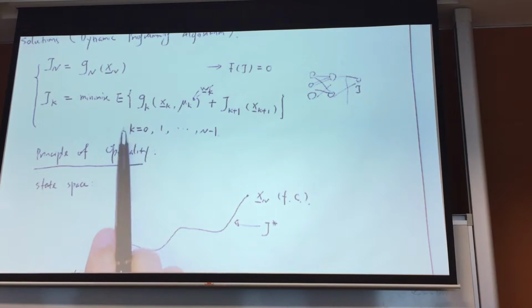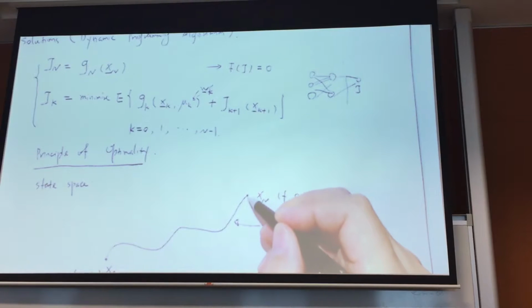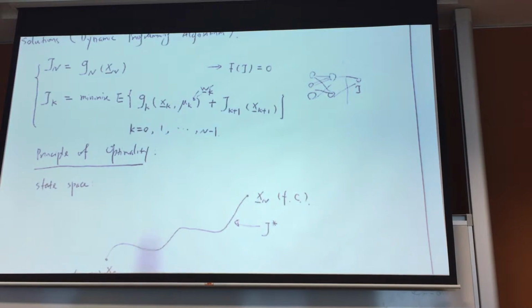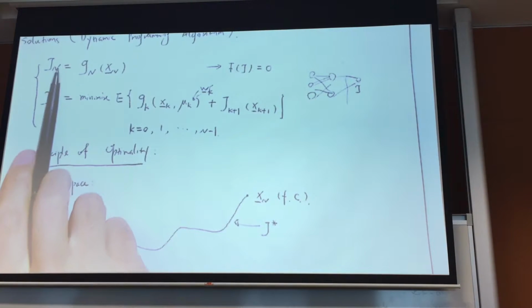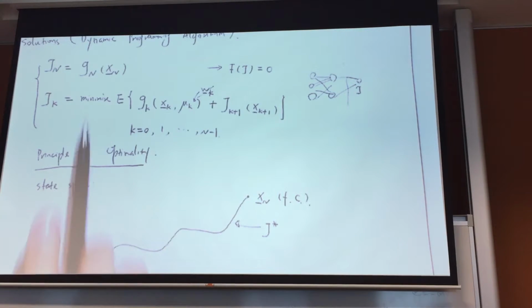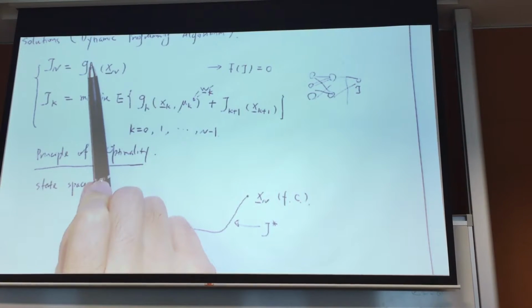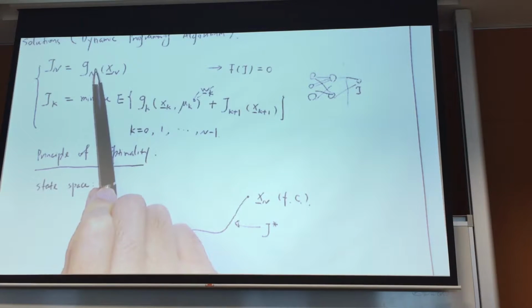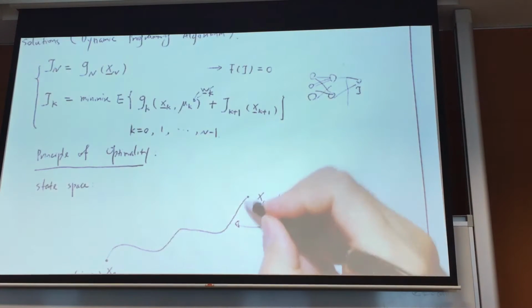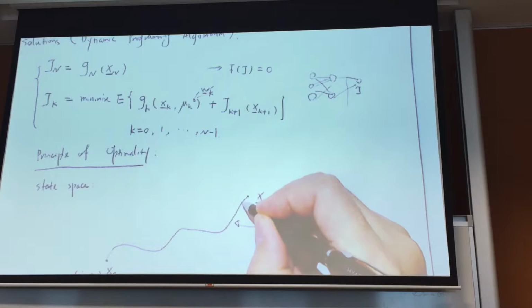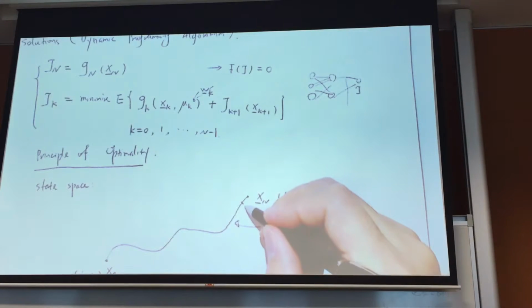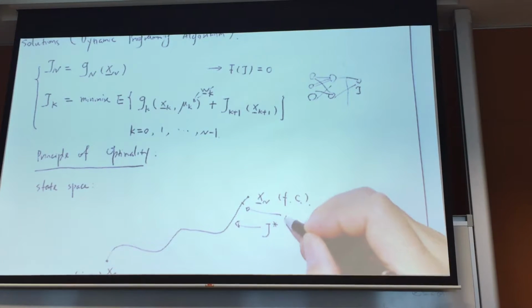The idea is to start from the final state. We start from the Jn, from the final state, which is just given by this function. This function is already defined. And from here, we're going back to the previous state, going to this n minus 1.